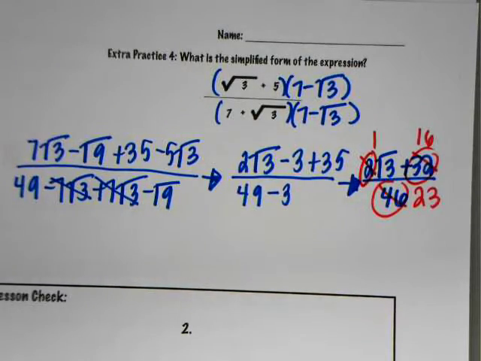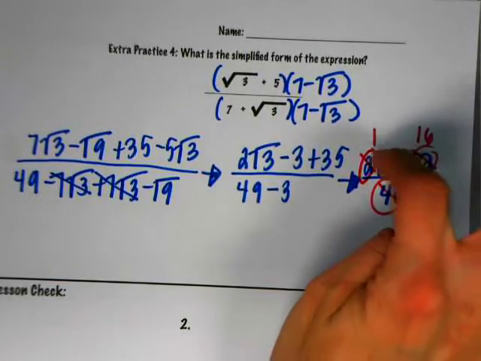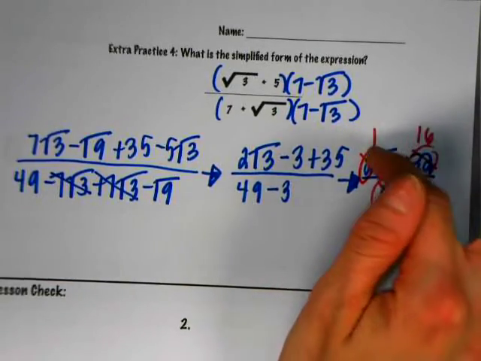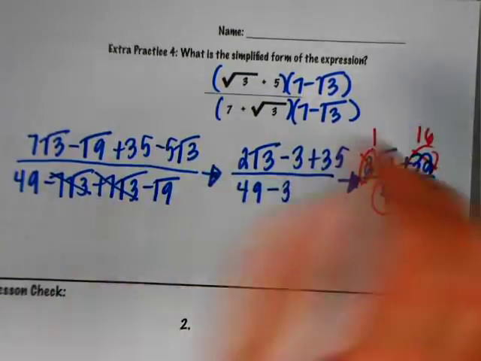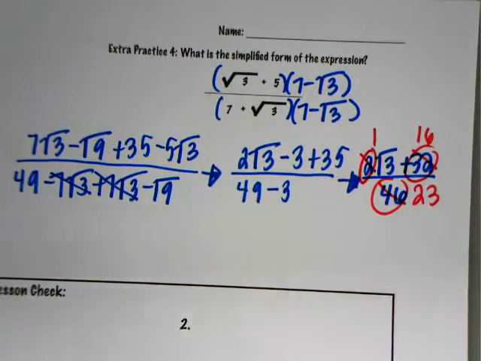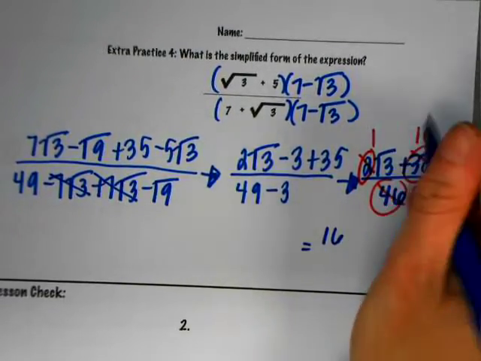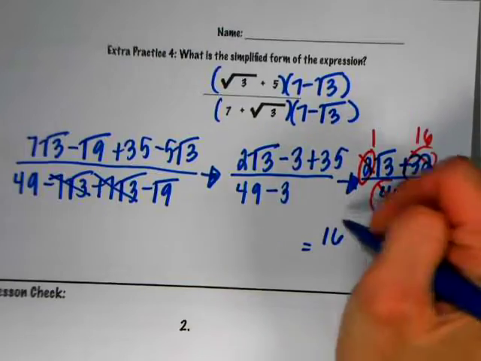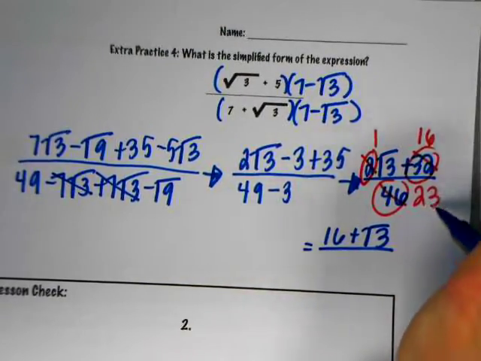I like to write it in that order because if you put that after the radical, sometimes people are kind of messy when they write and will make that too long, and then no one really knows if that piece is under or not under, so it's easier just to put it in front. So I'm going to put the 16, and we have plus the 1 radical 3, which is plus radical 3, over 23.